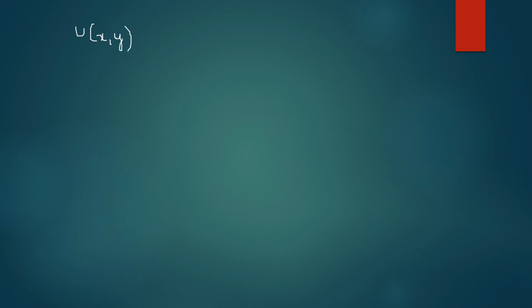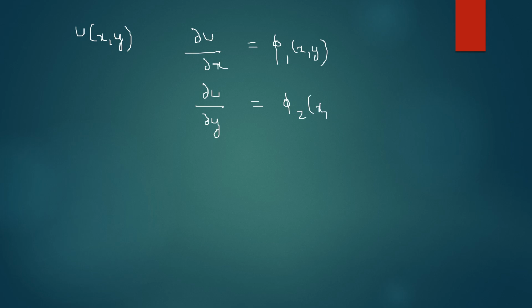Let's say you have a function in the form u(x, y). Firstly, to create an analytic function, you must have del u by del x and then del u by del y. That means single partial differentiation of u with respect to x and y respectively. And you have to name them. Let's say you call this phi1 of (x, y), and this with respect to y is phi2.